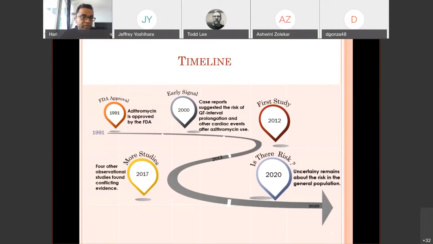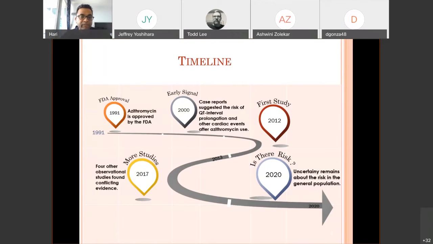Really early in 2000 is when we saw a bunch of case reports, about 10 to 15, that linked the drug to having a prolonged QT interval or some of the cardiac events after patients were exposed. And it wasn't until 2012 when there was a major publication in the New England Journal of Medicine where a study showed that patients who were treated with azithromycin were more likely to experience cardiac events and cardiovascular deaths.